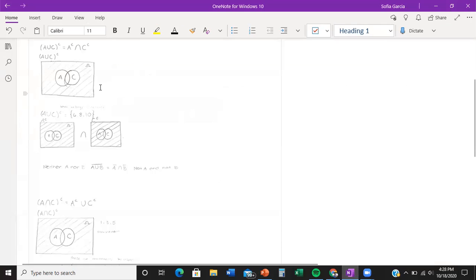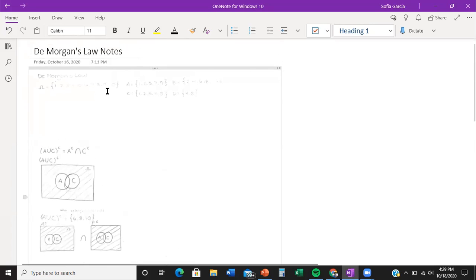Here we are going to prove that the complement of A union C equals the complement of A intersect the complement of C. We're going to use the following data sets you see here to do this.